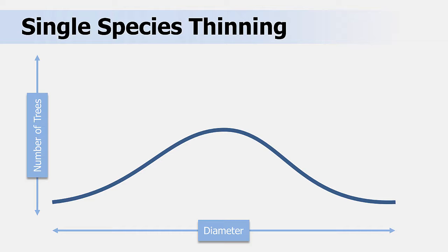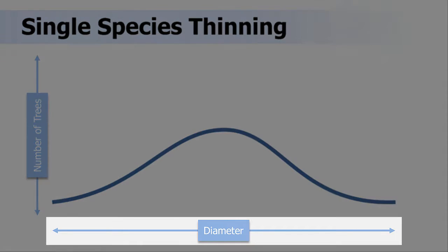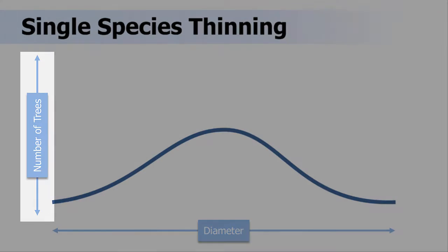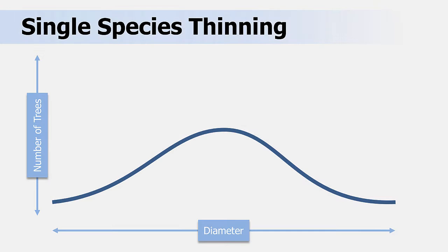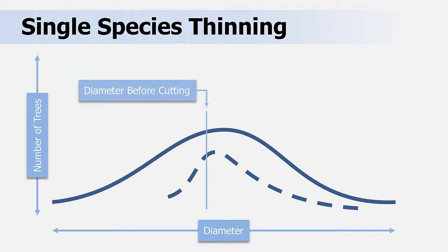This graph is similar to the last. Tree diameter is on the horizontal axis, and the number of trees is on the vertical axis. Look at the distribution curves. The solid line represents a stand before cutting, and the dotted line represents the stand after cutting. Since the smaller trees will have poorer crowns and placement in the canopy, they are likely to die.